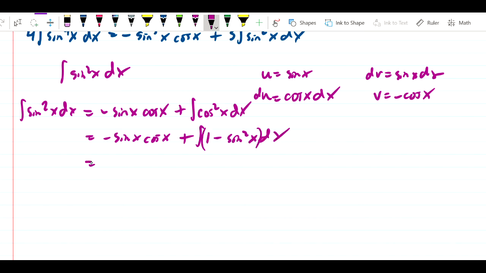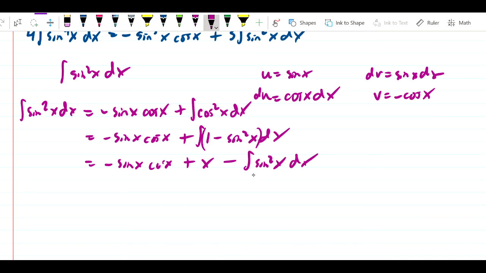So that gives us negative sine x cosine x plus the integral of 1, which is just x, and then minus the integral of sine squared x dx.